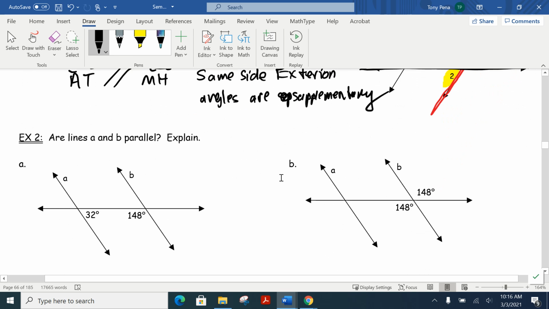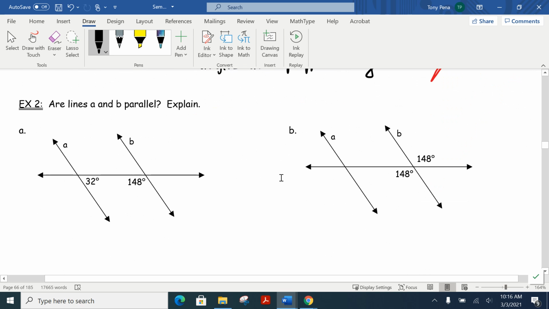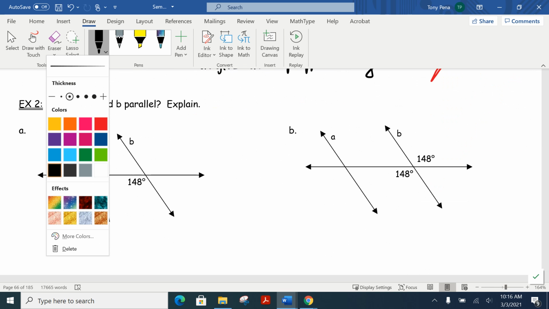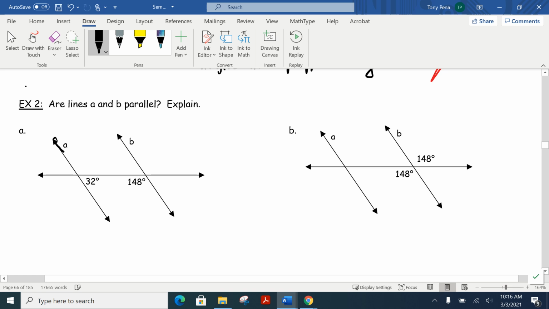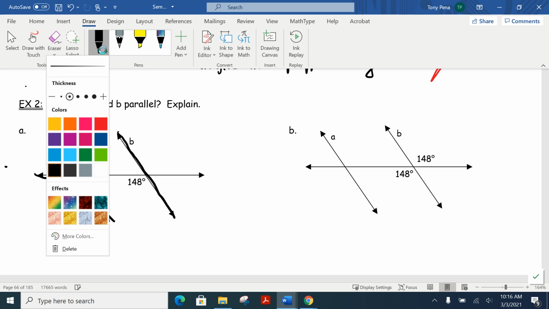All right, so if we go down to example number 2, it asks, are lines A and B parallel? So here's line A, here is line B, and then this line here is our transversal.